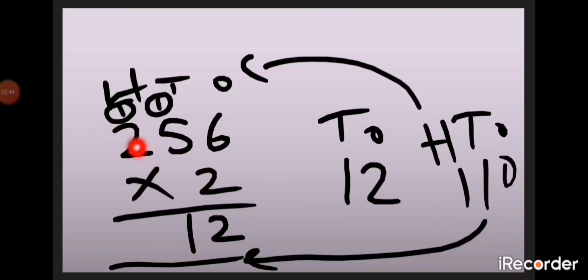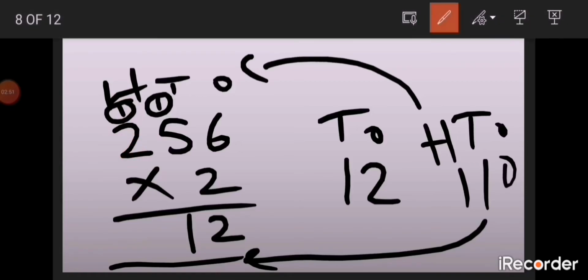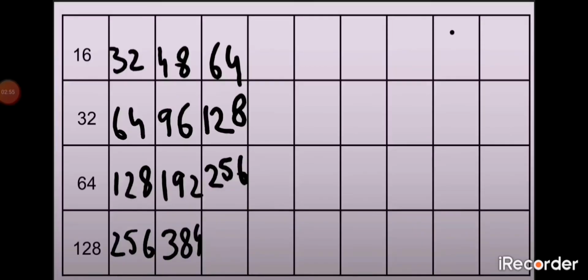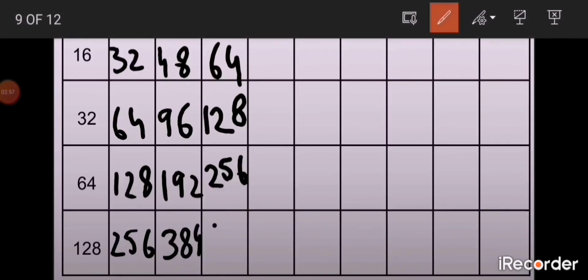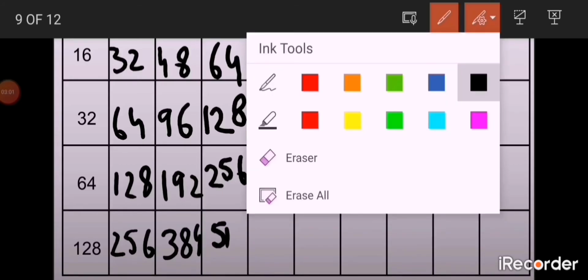So when you multiply 200 with 2, you get 400. And 100 is carry. We add that carry in it. 400 plus 100, 500. So double of 256 is 512. So we will write 512 under 256.